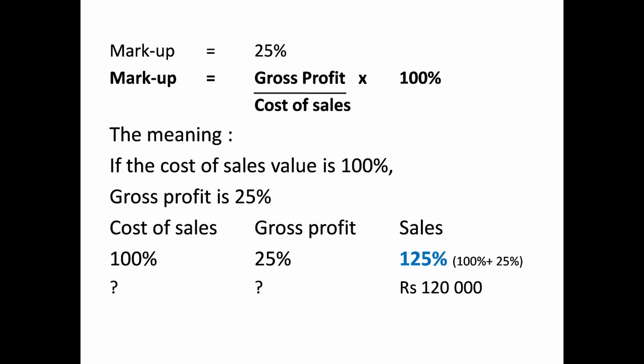So I have put a question mark there. Gross profit actual value also we don't know. Then I have put a question mark there. And the sales actual value we know. It's given in the question. That's 120,000. So using this actual sales value, we are going to calculate the gross profit now.